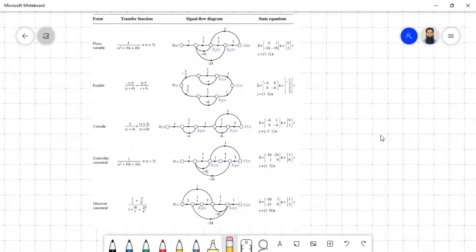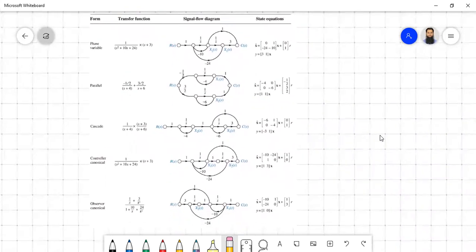Their corresponding comparison has been given: the transfer function, signal flow graph, as well as the state space equations that come from the signal flow diagram. All these are summarized in this table with the 5 representations that we have learned.